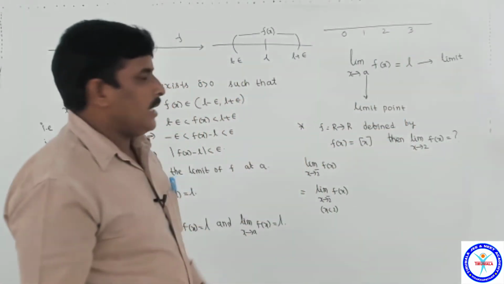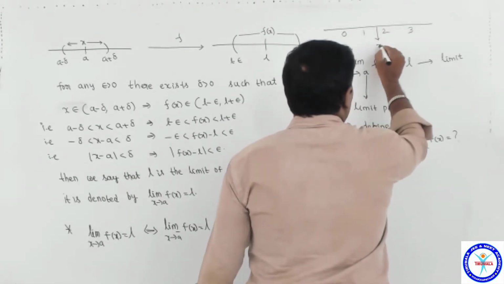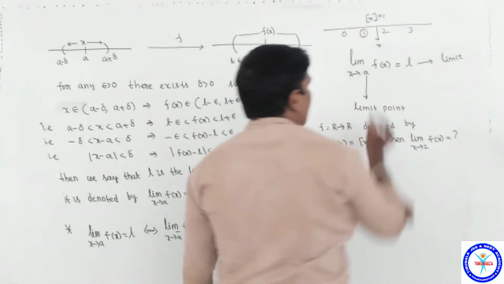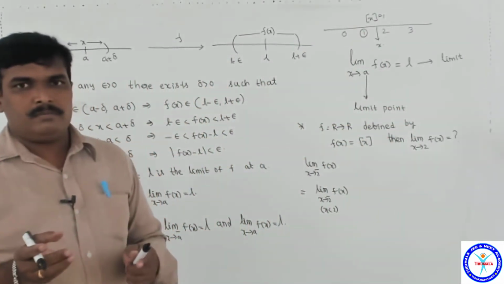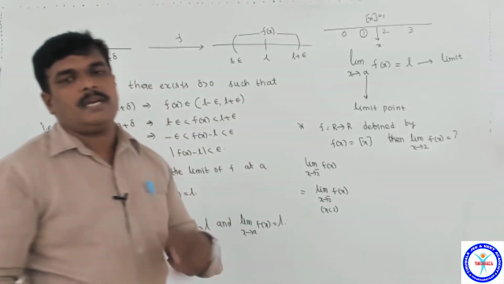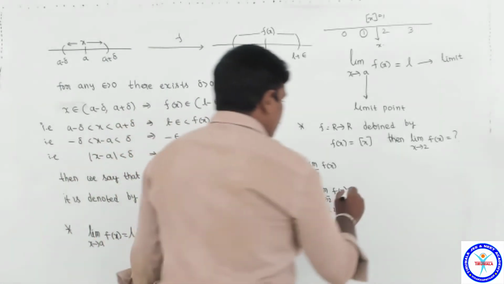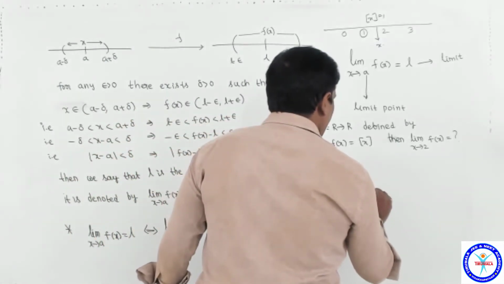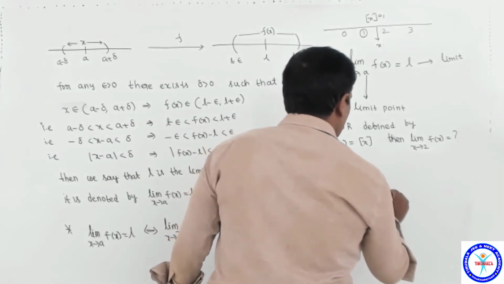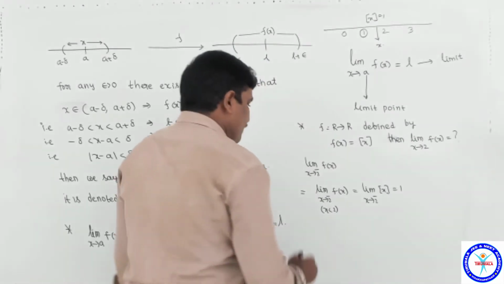If x is less than 2, then the integral part of x equals 1, because by the definition of integral part of x we take the integer before it, the greatest integer. So when x is less than 2, the integral part of x equals 1.